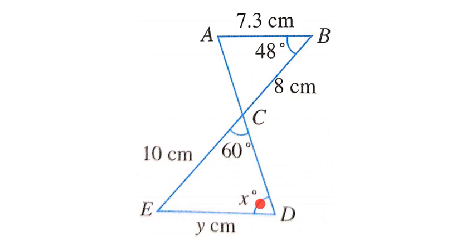Now we can conclude for sure that x is 180 degrees, subtract 60, subtract 48. So you will have 72 degrees at the end.